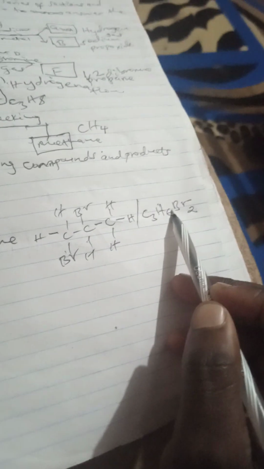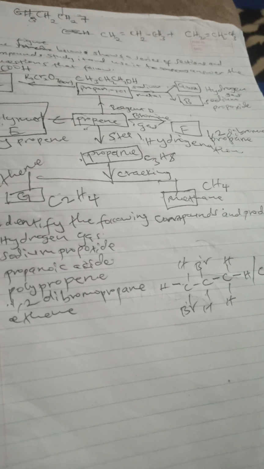Di means 2. So let's call it: here we have 1,2 dibromo. This is bromine. Dibromopropane. Here is propane: 1 carbon, 2 carbon, and 3 carbon. I hope that you have understood there.